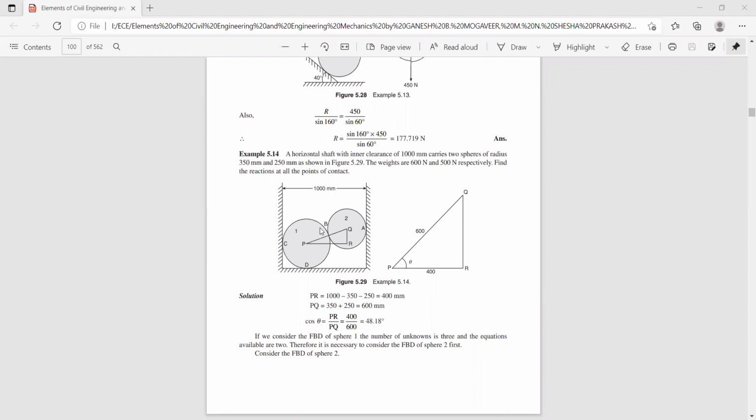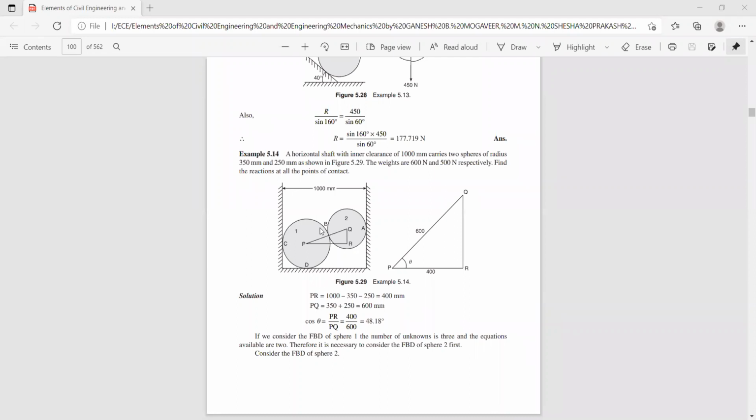Once you finish these initial calculations, you can draw the free body diagram of the corresponding two spheres. Then we can use either the equilibrium method or Lami's theorem method to solve those problems.